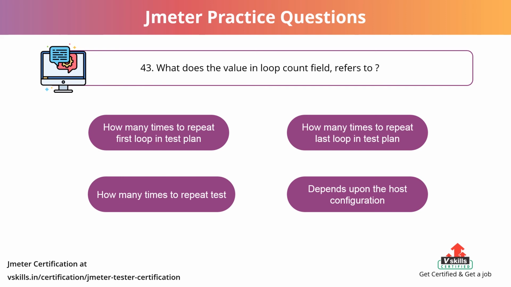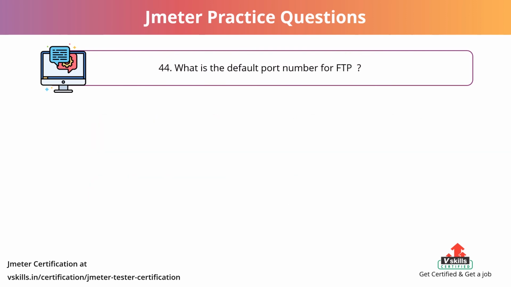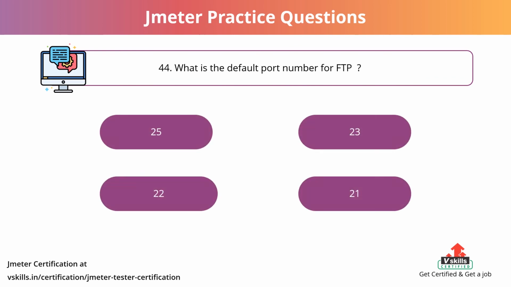The correct answer is option C. Question number 44. What is the default port number for FTP? The options are A, 25, B, 23, C, 22, D, 21. The correct answer is option D.